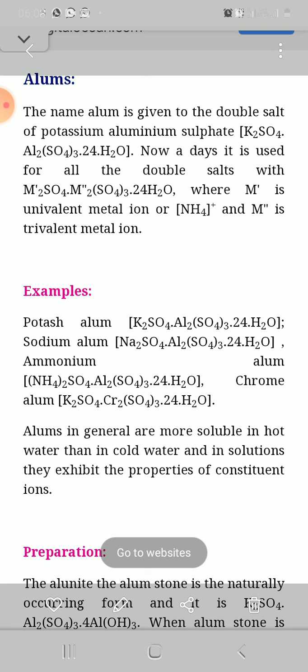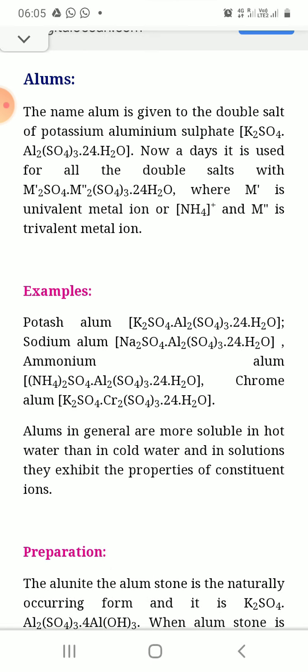Then examples: potash alum, formula K2SO4 Al2(SO4)3 24H2O. Next is sodium alum, here sodium Na2SO4 Al2(SO4)3 24H2O. Then ammonium alum.